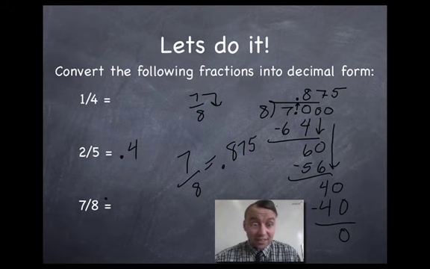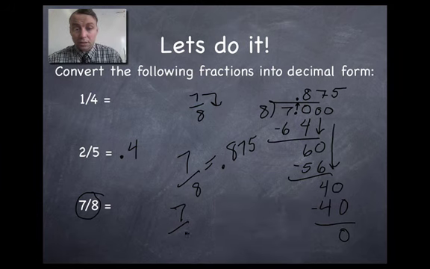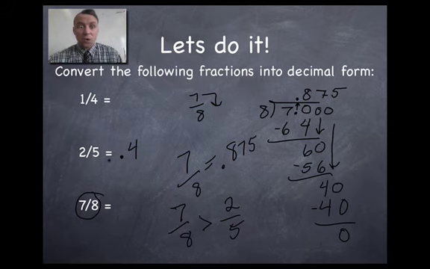So I know that 7/8 is larger than 2/5 because I can convert them into decimals, and then I can easily look at the decimals and say, oh man, that is way bigger. 875 thousandths is more than twice the size of 4/10 or 400 thousandths, if that's how you want to think about it.